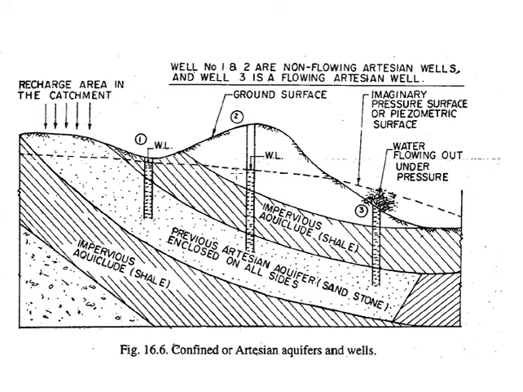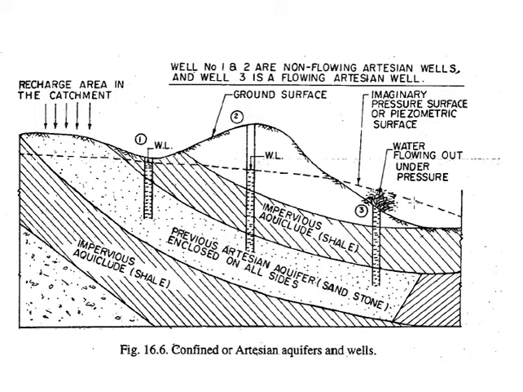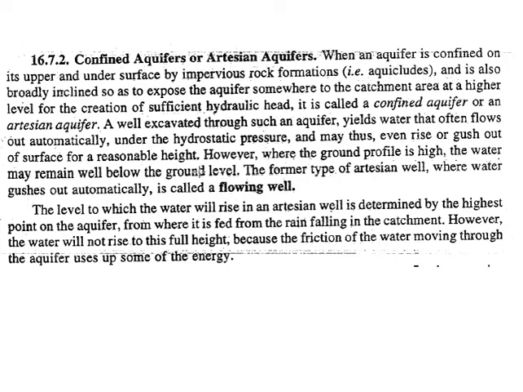But in this other case, as you can see here, the water level lies above the top of the well which has been dug. So in this case the water will come out under the pressure. Such a well is known as a flowing well, when the water comes out under the pressure. Why? Because the water table lies above the well. This is actually the imaginary surface, the piezometric surface. So this is an example of the flowing well.